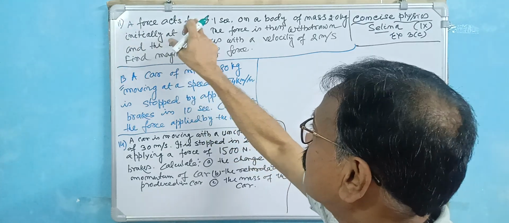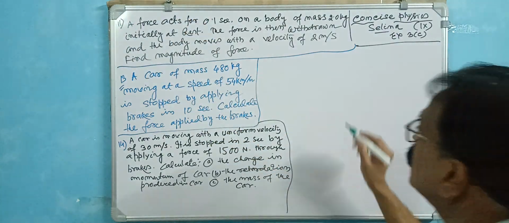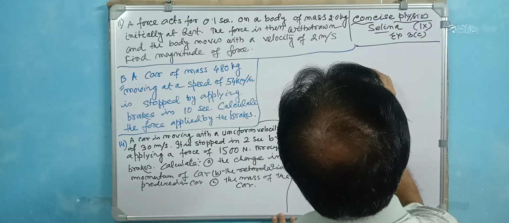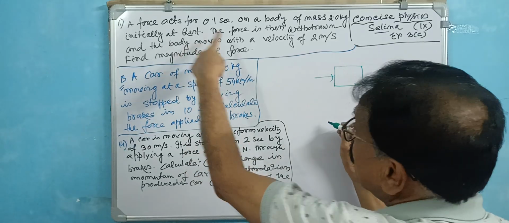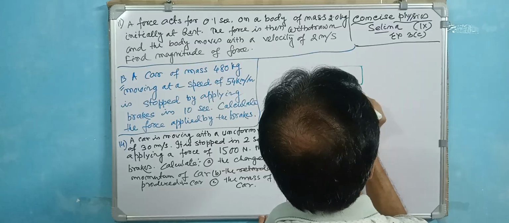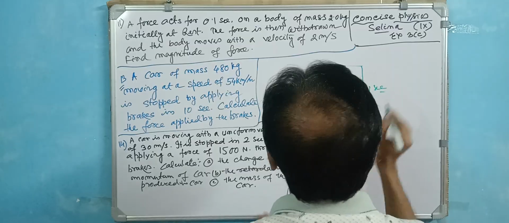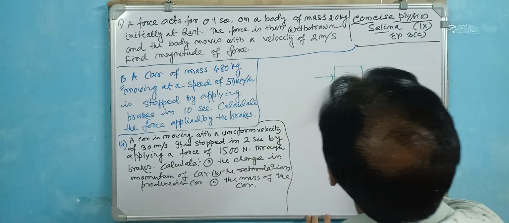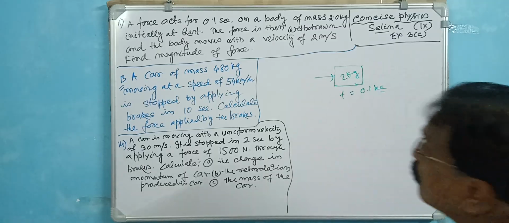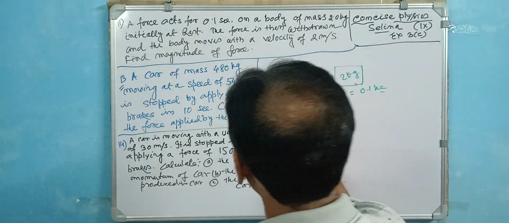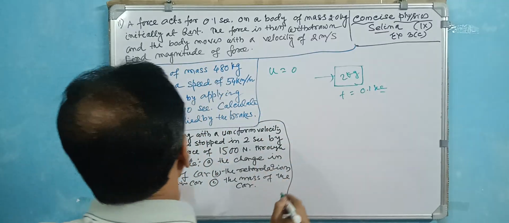11. A force acts for 0.1 second on a body of mass 2 kg. Suppose a force acts for 0.1 second, okay, on a body of mass 2 kg. Initially at rest, that means u is 0.